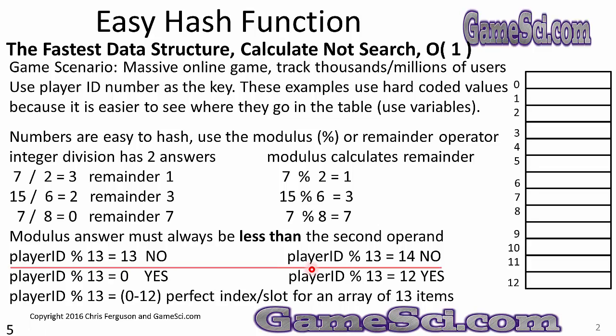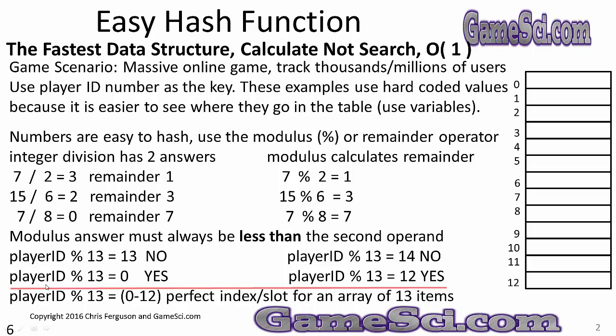What if I took a player ID and did a modulus on 13 and got a remainder of 14? Once again, this is impossible. The remainder has to be less than the second operand. If you do a modulus on 13, it cannot be 13 or larger.